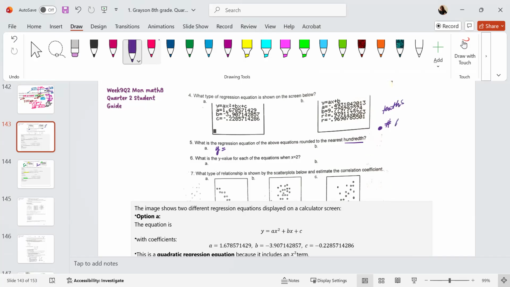Then it is the second number, so just two decimal places, right? So A is 1.68 because you're rounding up, right? X squared plus B, b is a negative, so negative 3.91, right? X minus 0.23.